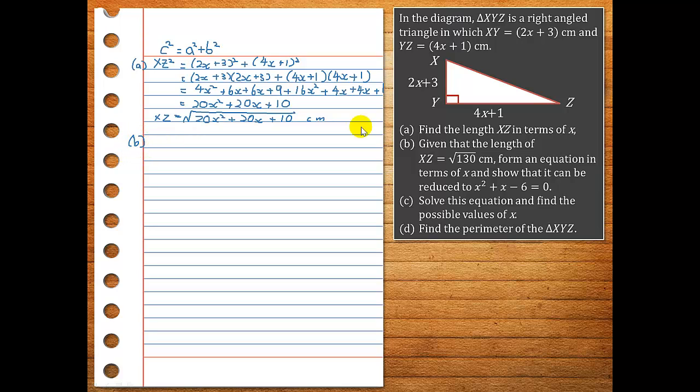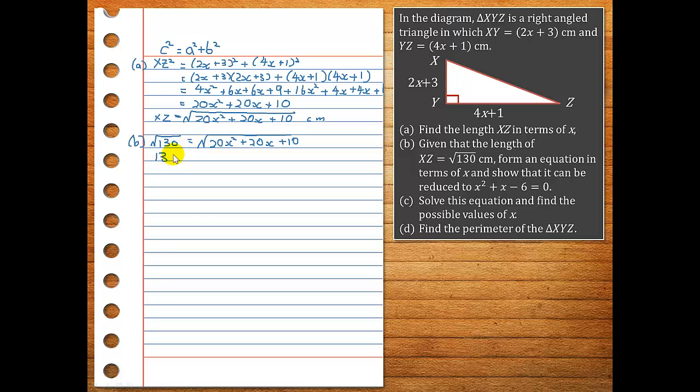Next, for part B, given that the length of XZ equals square root of 130, form an equation in terms of x and show that it can be reduced to x squared plus x minus 6 equals 0. Now, since XZ is now square root of 130, let's write it as square root of 130. And we can copy this expression over. And what is the next step here?